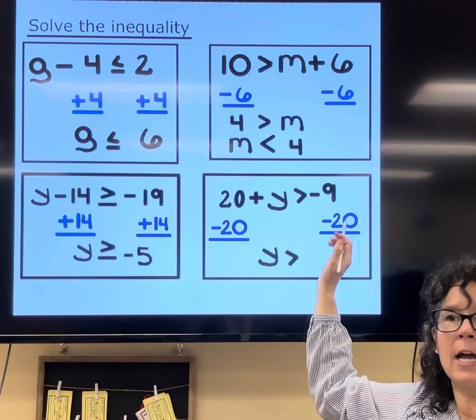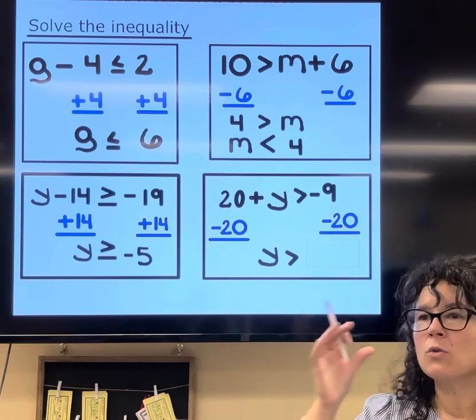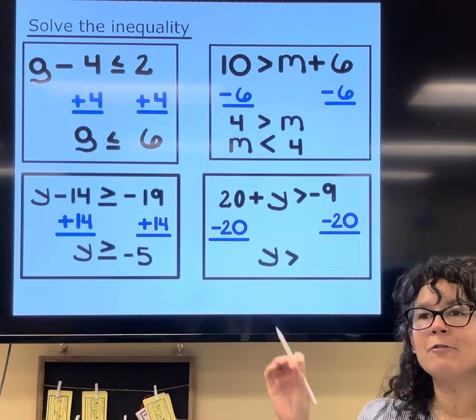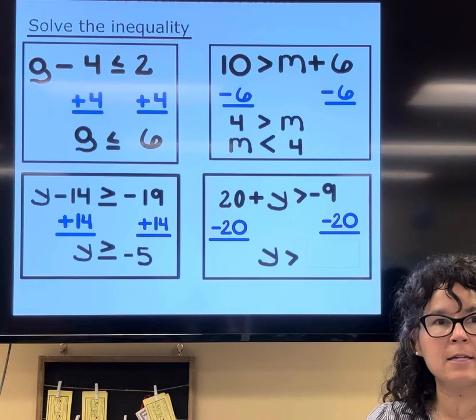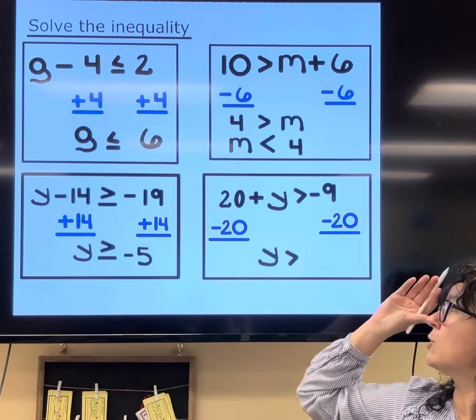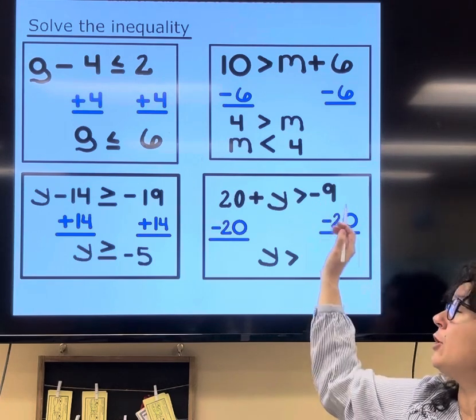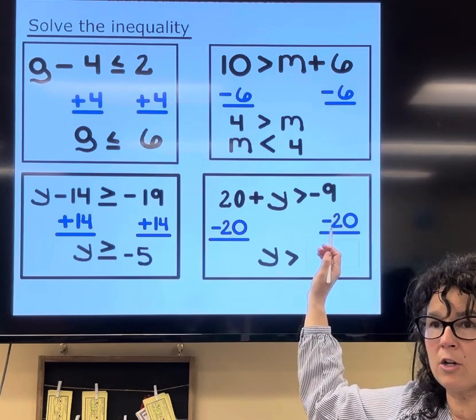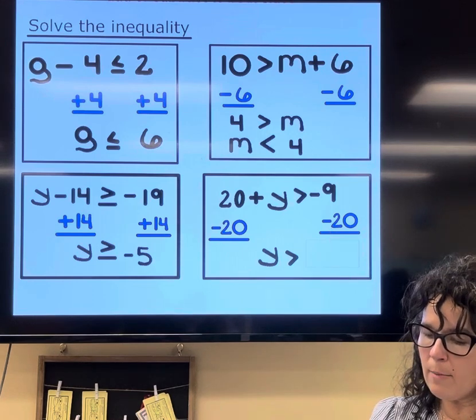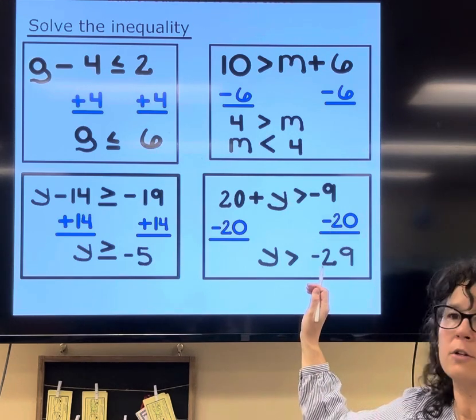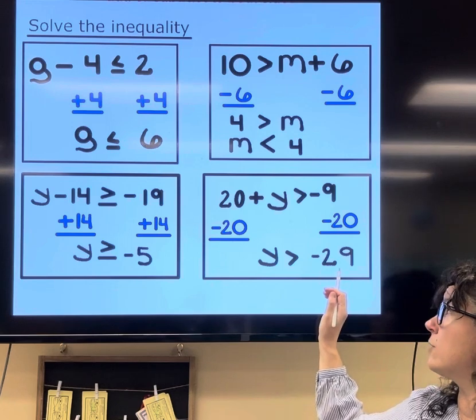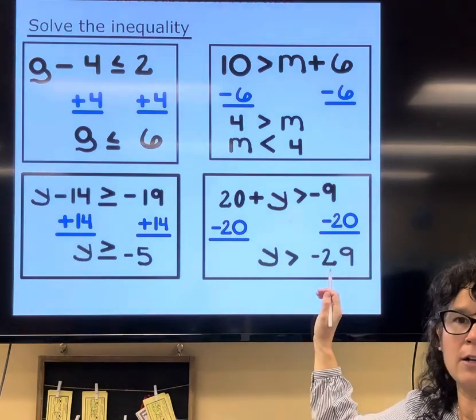And then -9 minus 20, don't mix up your rules. Negative multiplied by negative is positive, but we're subtracting. So if you owe somebody $9 and you also owe them $20, then you owe them a grand total of 29. So it's -29, and we have our final answer.